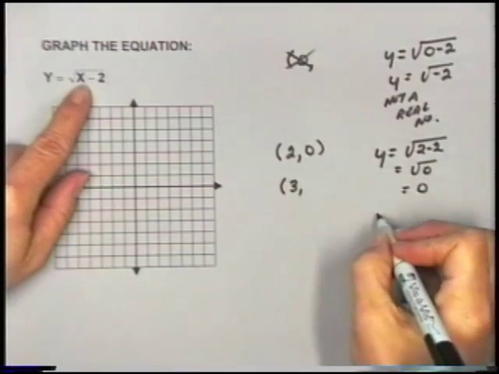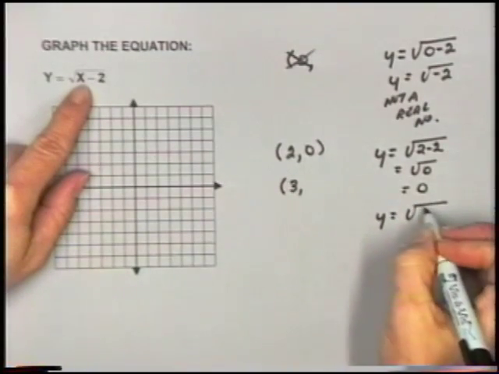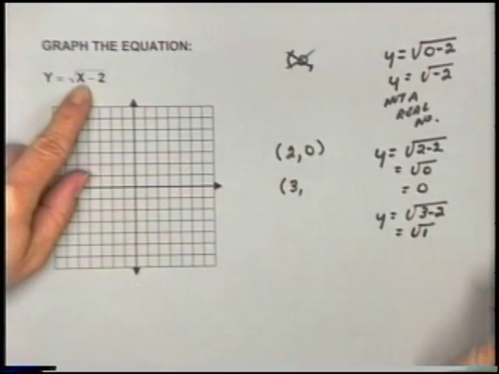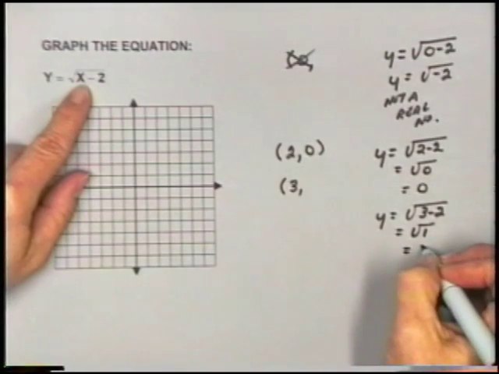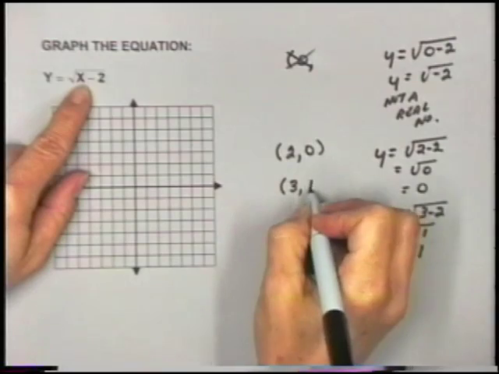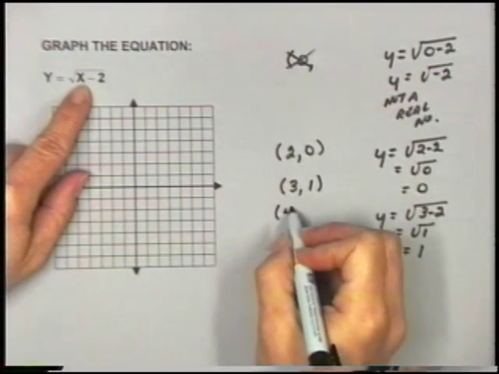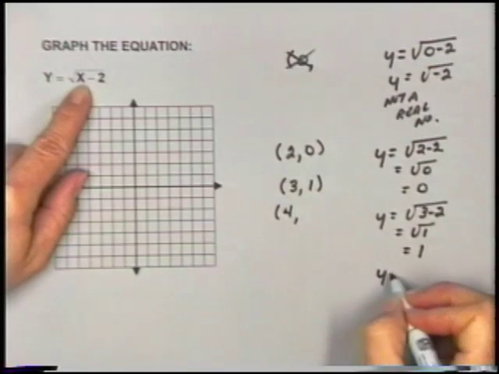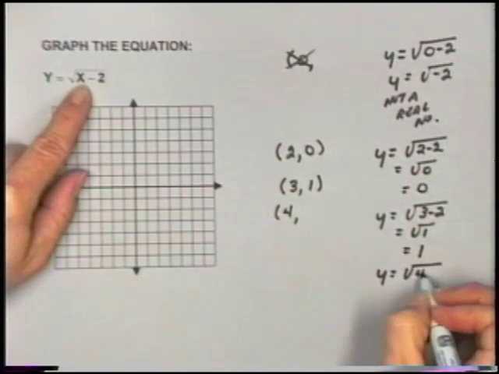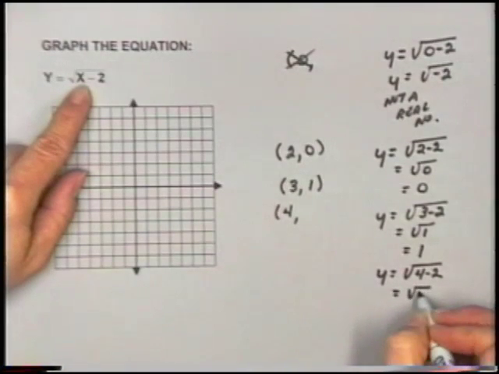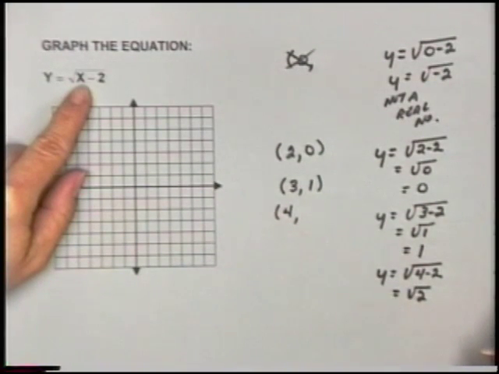Now, let's choose x equals 1. If x is 1, we have the square root of 3 minus 2. Of course, 3 minus 2 gives me a 1, and the square root of 1 is 1. So I have the point 3, 1. What if I choose x to be 4? y equals the square root of 4 minus 2. 4 minus 2 is a 2.